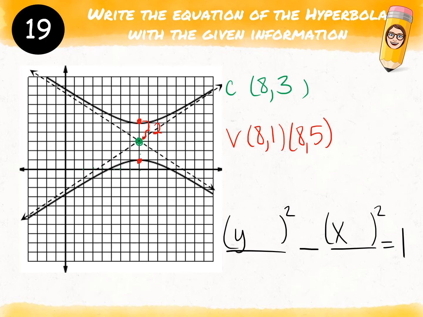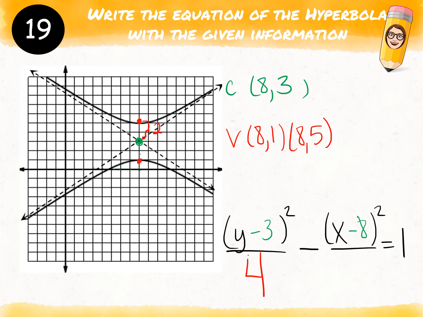If my center is 8, 3, then my x is going to say -8 and my y is going to say -3. See where I got that? The distance from the center to my vertex was 2. 2 squared is 4. 4 goes under the first fraction, my first denominator.